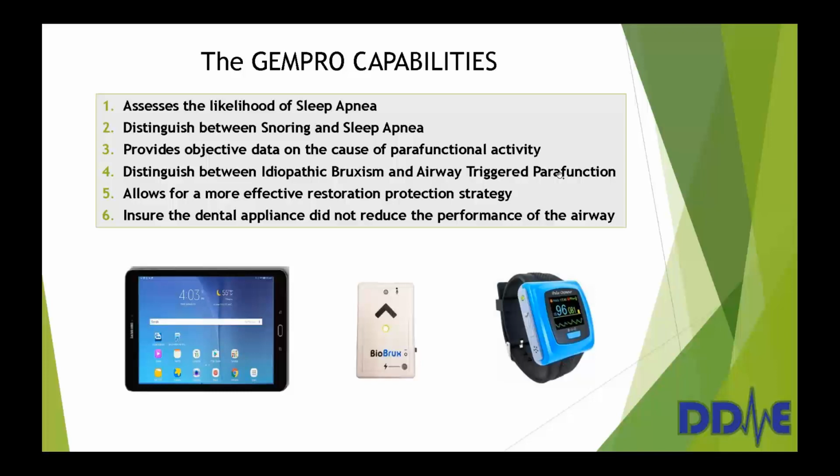And up until now, it's been a little tricky to distinguish between the two, but now we can get objective data on that. Number five, allows for a more effective restoration protection strategy. What does that mean? Well, in the case where you have, for example, airway-triggered parafunction, that person's worn down their dentition as a result of their airway issue, the teeth have been capped, there are edentulous restoration implants, whatever the case might be as a result of this.